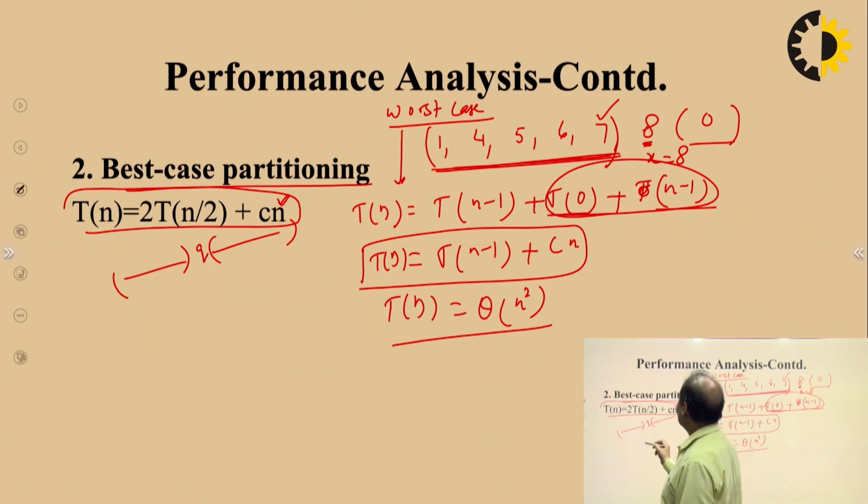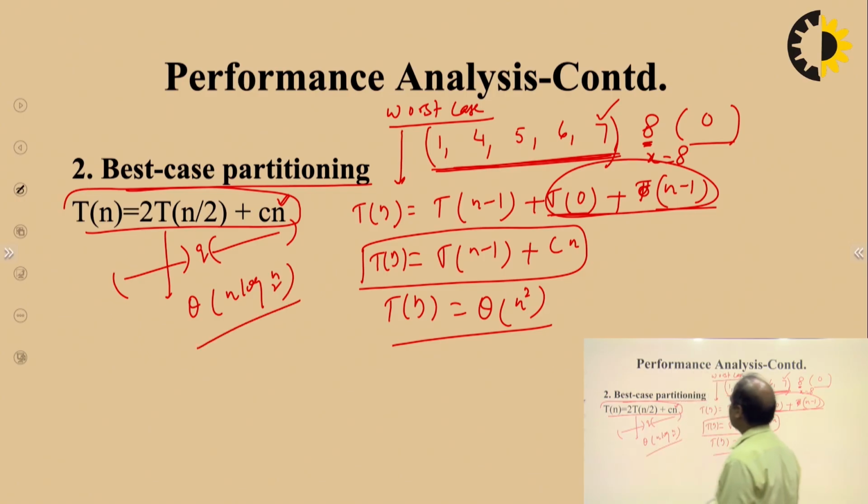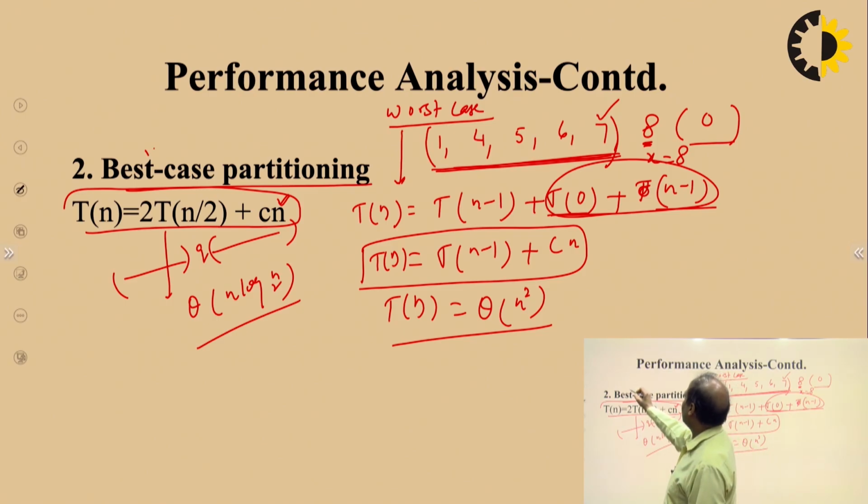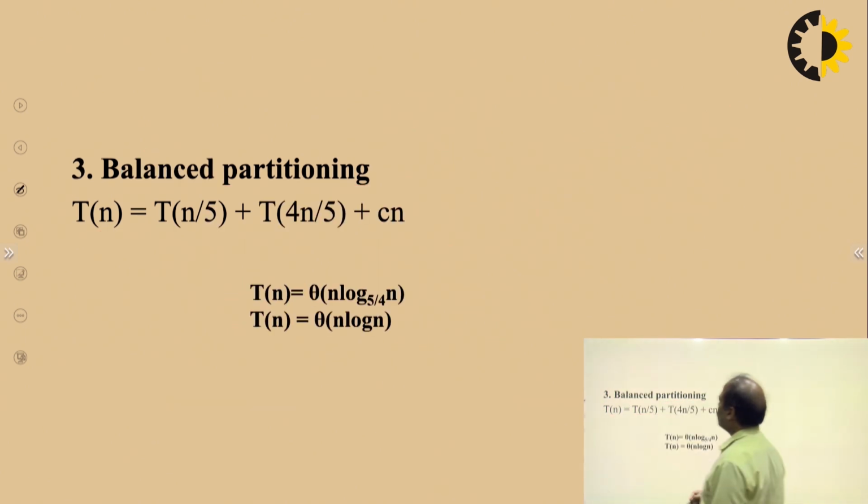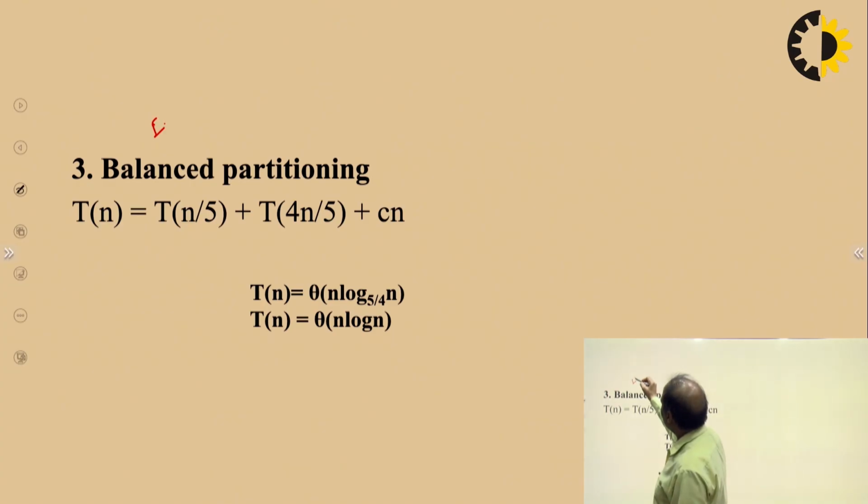If we solve this using the master method, it is n log n. So quicksort works very well if the data is already in an order where it is partitioned in the half.